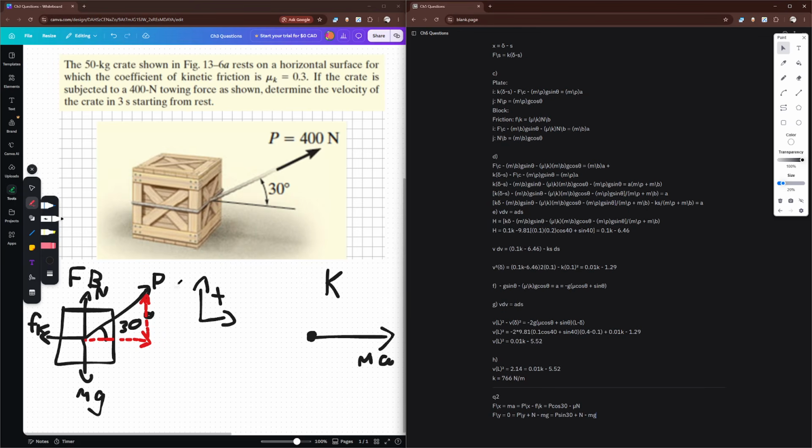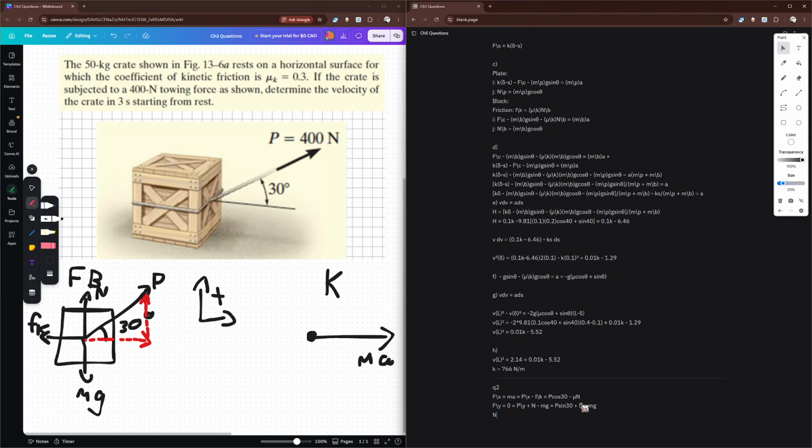So we are solving for N. So N is equal to mg minus P sine 30, so mass is 50, gravity is 9.81, minus 400 sine 30, which is a half, so minus 200. So let's just get this into a calculator. 50 times 9.81 minus 200 gives us 291 newtons as our normal force.